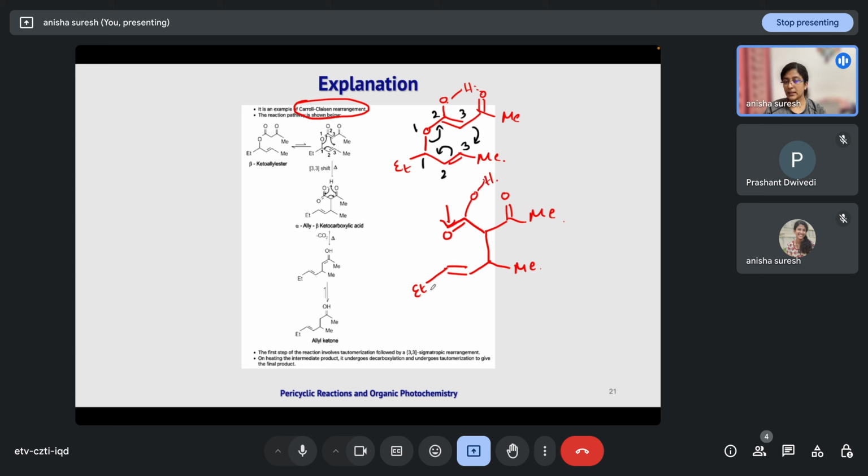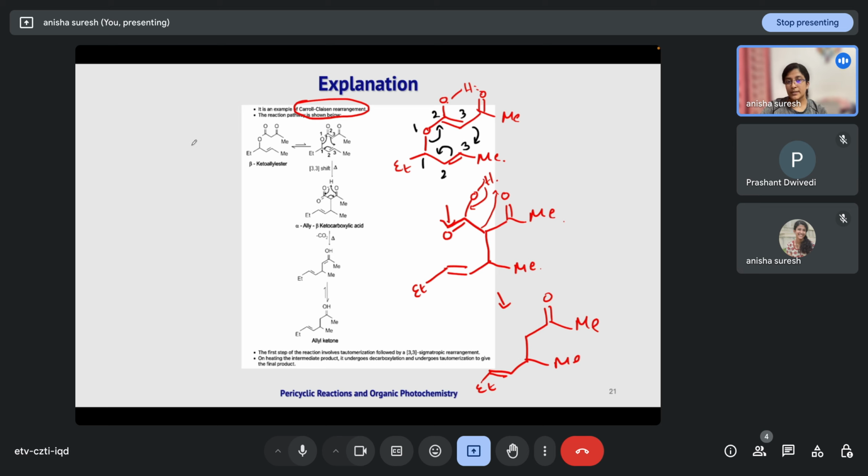This will be the product that is forming. Then it can undergo a decarboxylation reaction like this, resulting in the formation of Me, double bond Et. This allyl ketone.